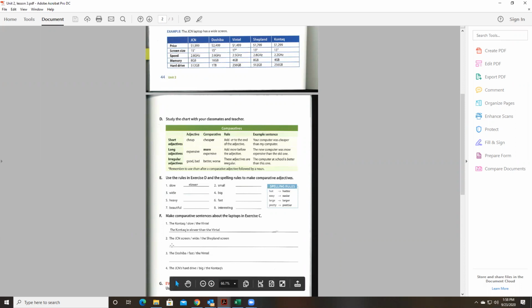So number 2. You're talking about the JCN screen, and you're talking about the Shepland screen. Okay, and you want to use the word wide.